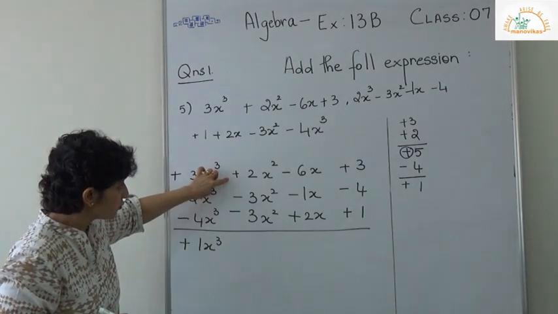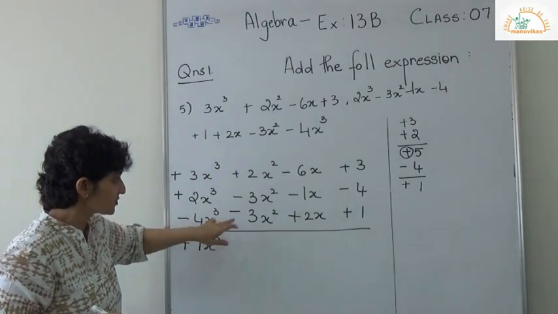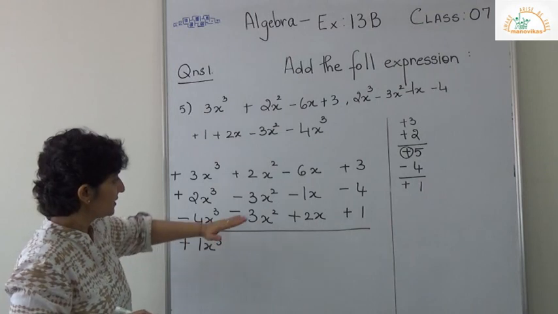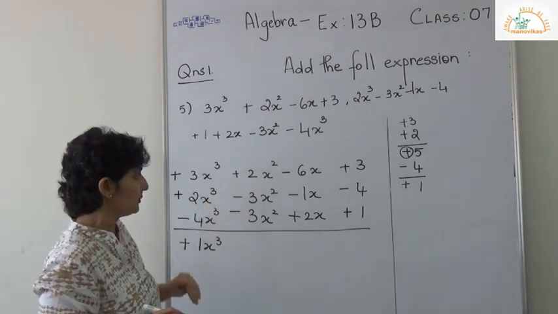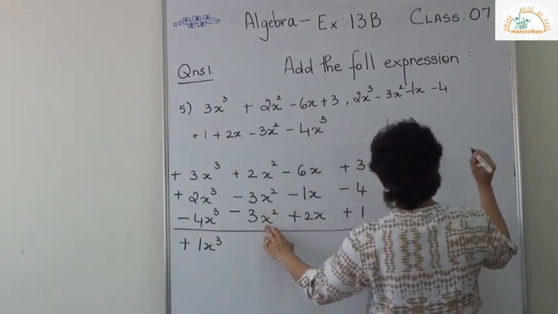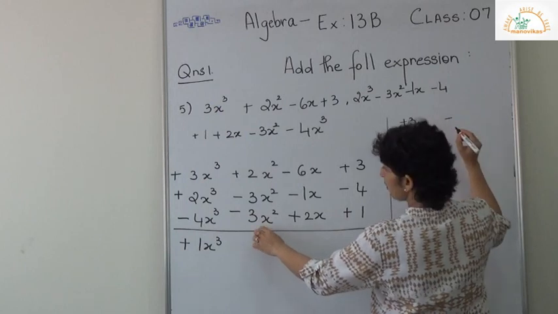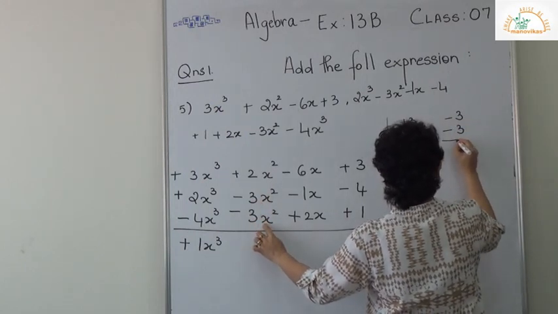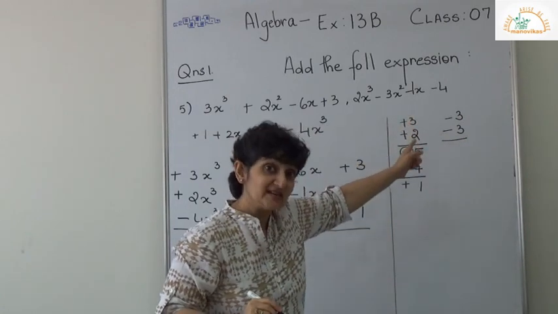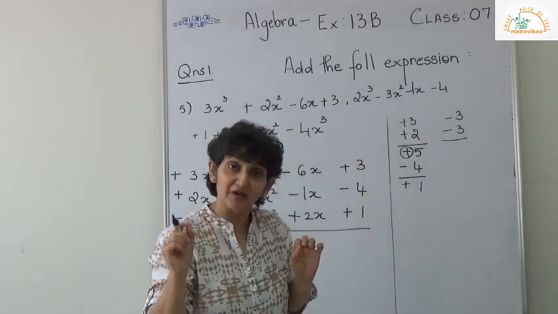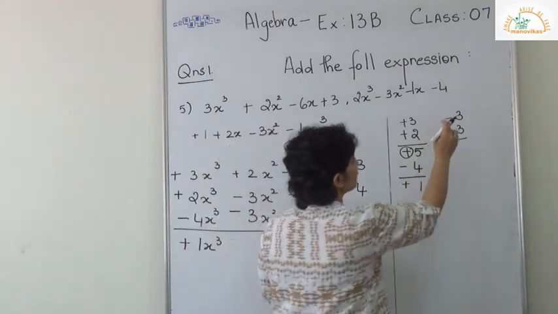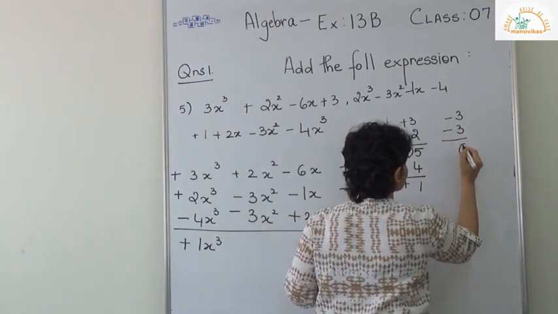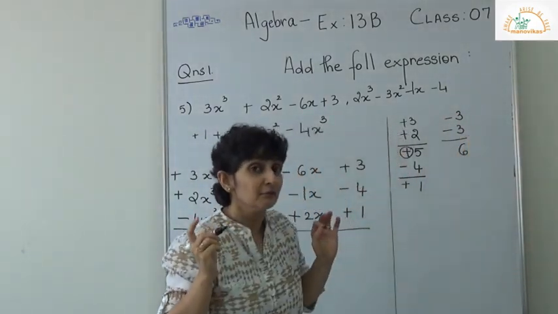I have plus 2x squared minus 3x squared minus 3x squared. You can either start from below or from above. Now, since both these are same, let me take it as minus 3 minus 3. Minus and minus, same family, add. So 3 plus 3 gives me 6. Put the sign of the bigger number.